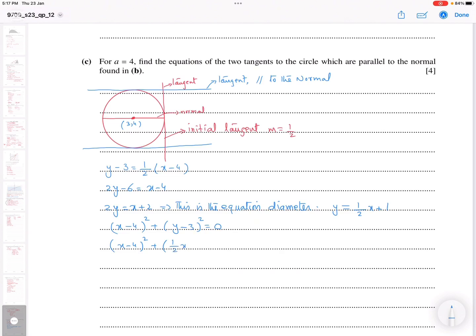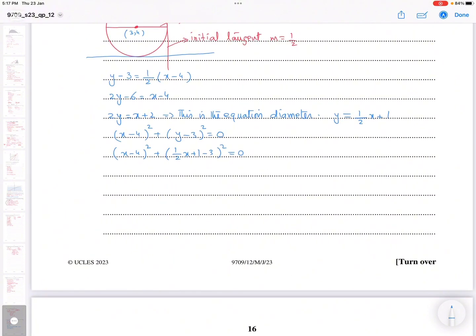(1 over 2x plus 1 minus 3) whole square equals 0. So now open it. x square minus 8x plus 16 plus, okay, do not open this one, (1 over 2x minus 2) whole square equals 0.